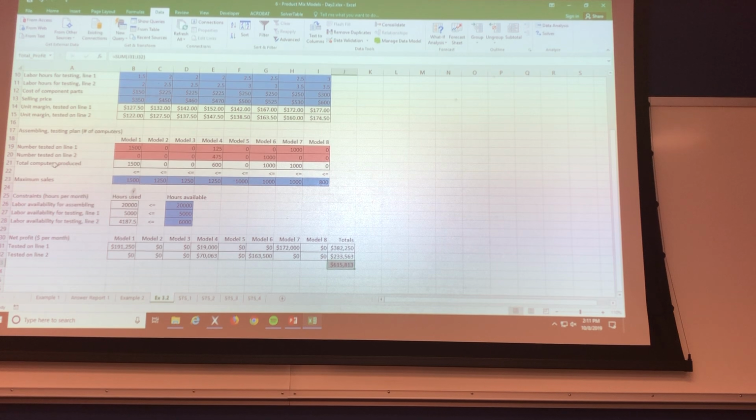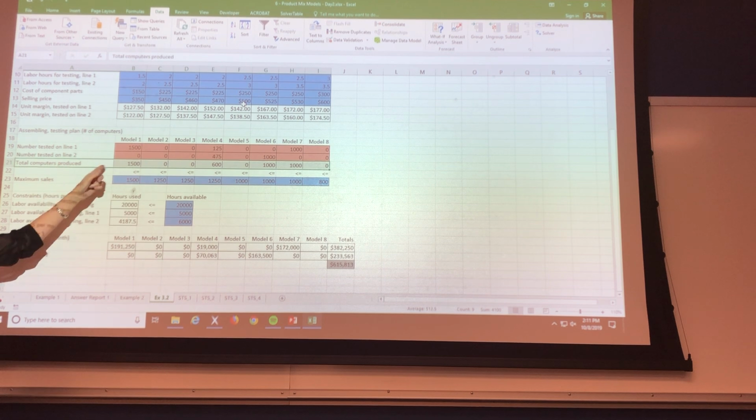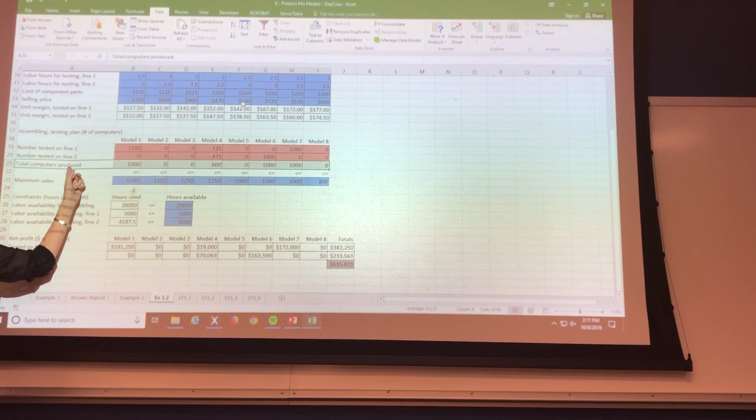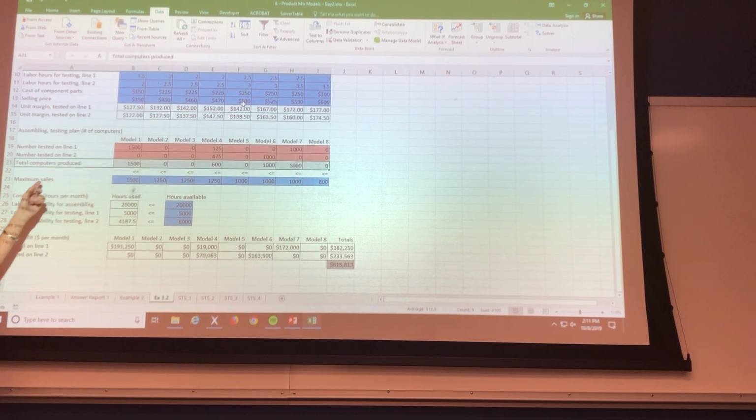But the other thing I'm going to want to see in the output is how many of the 8 different computers I'm making. So I am picking up a range that has those 8 computers as well as the text to the left of it.